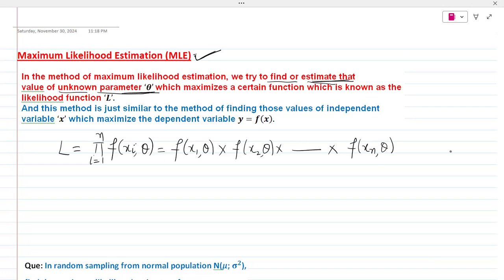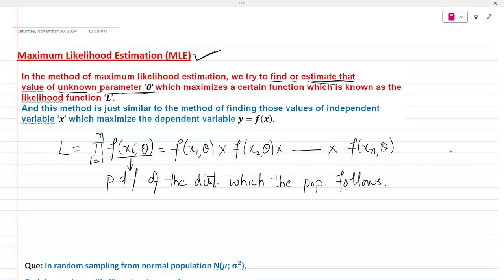So what is this f(xi, theta)? Actually, this is the PDF of the probability distribution which the given population follows.